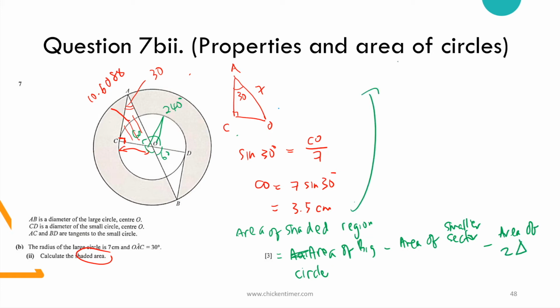So from here, area of big circle is pi 7 squared, minus area of sector is 240 over 360 times pi, then the radius of small circle is 3.5 squared, then minus 10.6088 times 2.